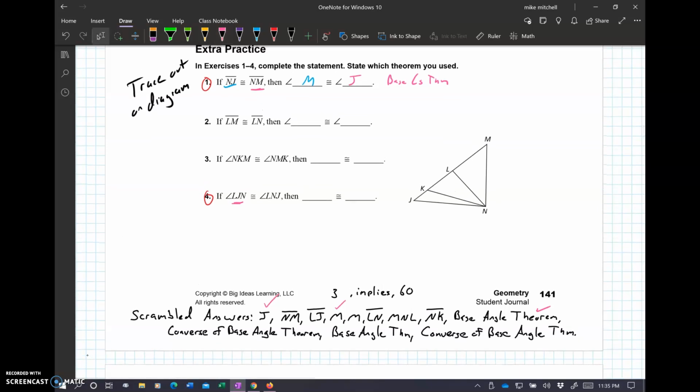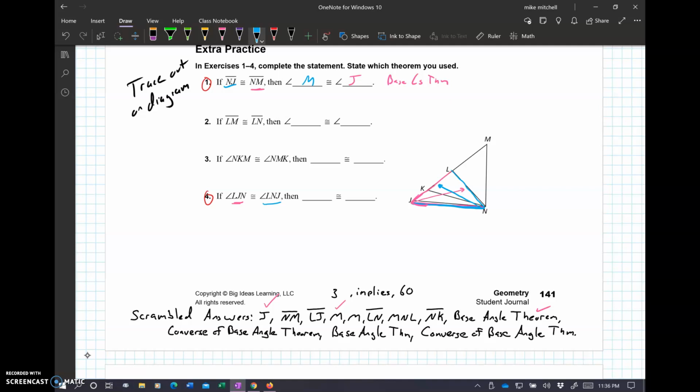So this time I'm looking at angles LJN. Here's LJN right there, and LNJ, that's that angle right there. This is the angle we're really looking at. I'm going opposite, so opposite this pink one's going to be that side. Opposite the blue one's going to be that side. We're looking at triangle LJN here.